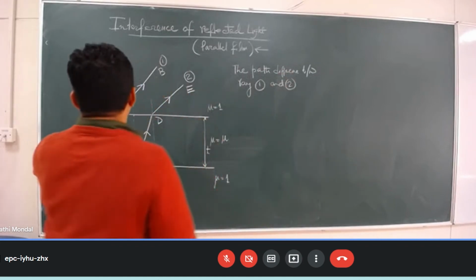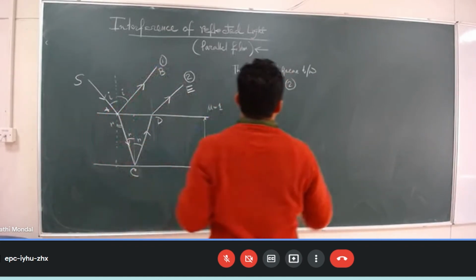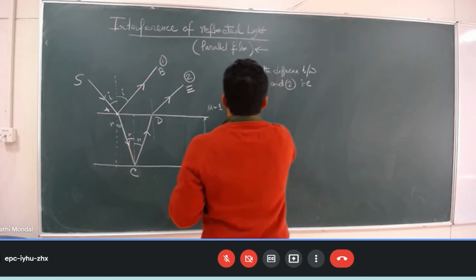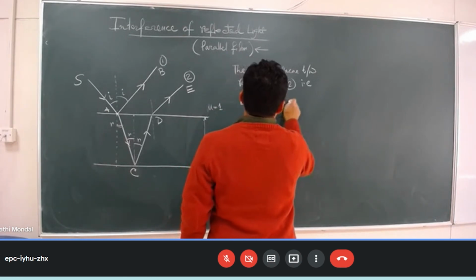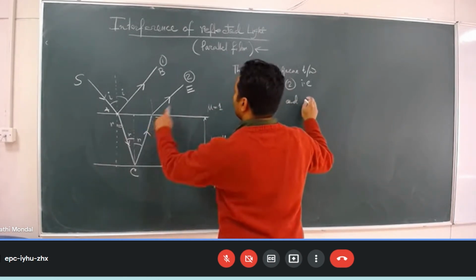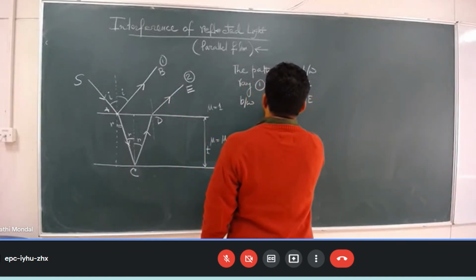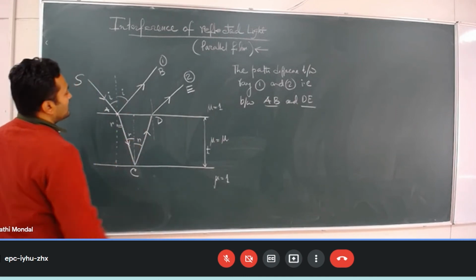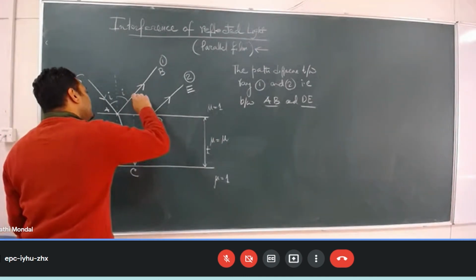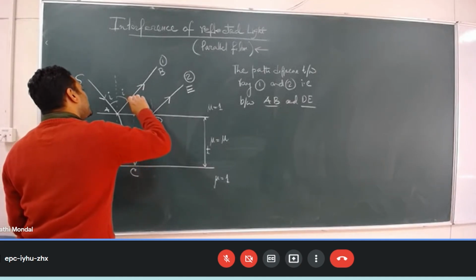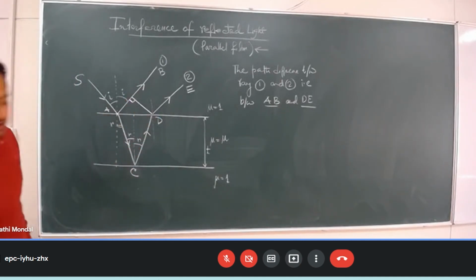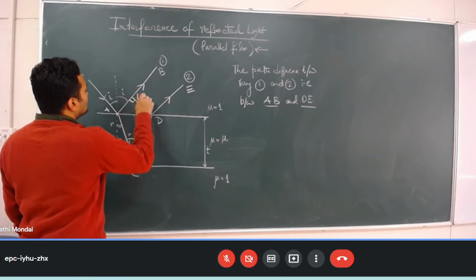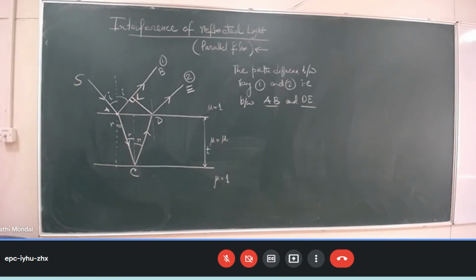These two will interfere, that means between AB and DE, we have to find the path difference between these two rays. Now see, if I draw a perpendicular here, let's say this is L.